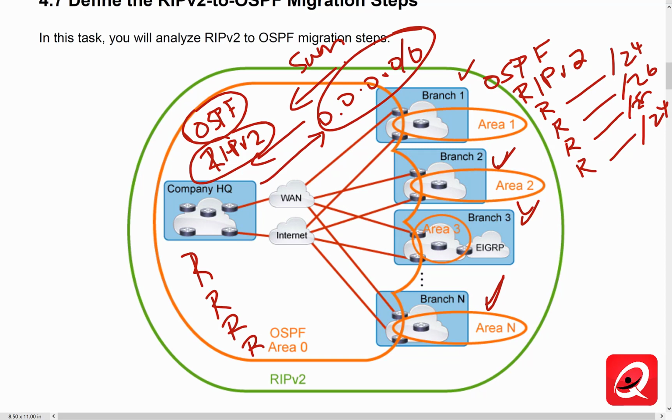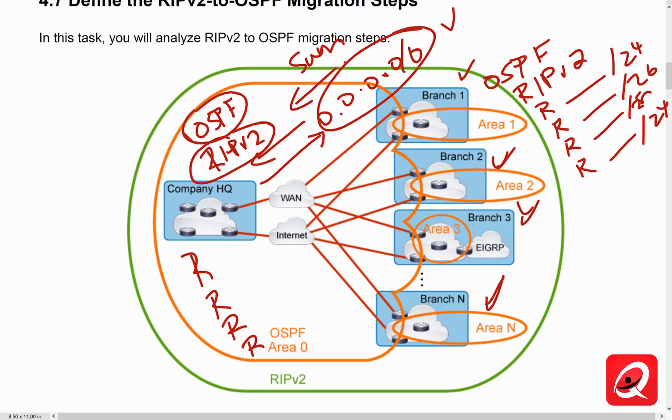So those RIP routes are going to have a longer prefix, which means that the RIP routes are still going to be preferred over this OSPF default route. But we would still have reachability. We would still have the ability to reach those destinations. So as long as we're running both routing protocols, I don't think redistribution would be necessary.